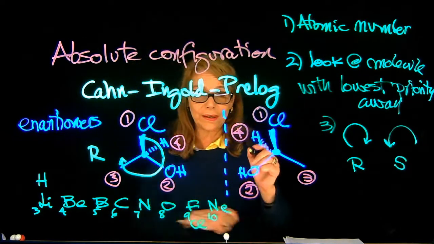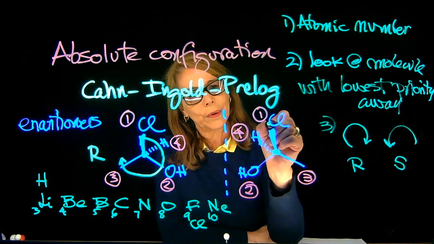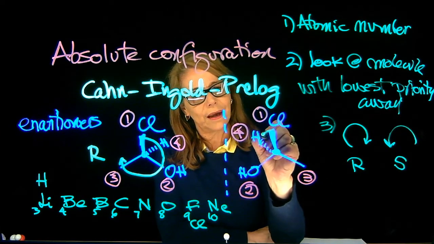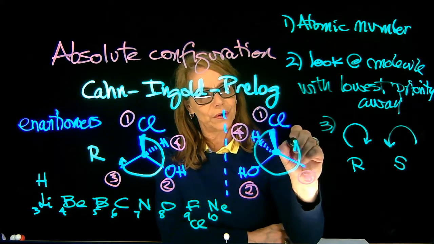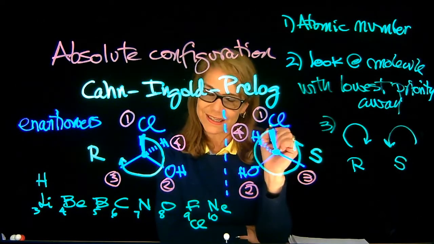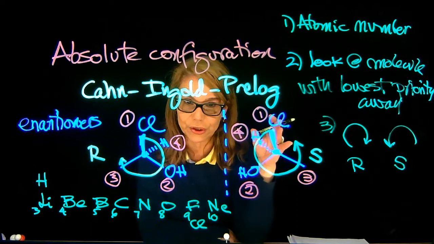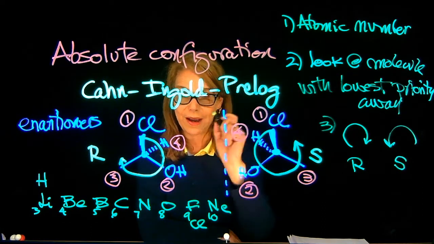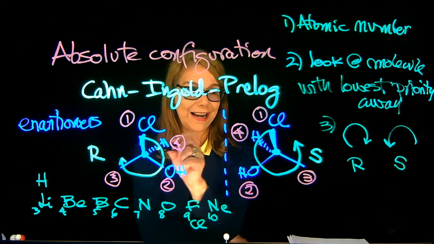Let's look at the enantiomer now. Here the highest priority is chlorine, and the second highest priority is the oxygen. So I'm going counterclockwise, and the configuration here is S. Now we have learned how to determine configuration following these rules. You look first at the atom directly attached to the chiral center by atomic number.